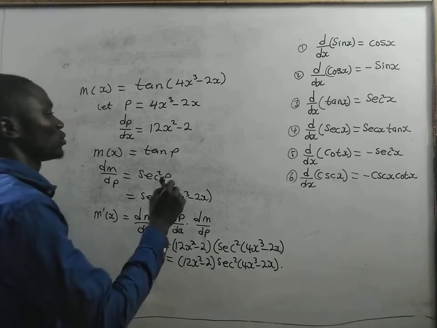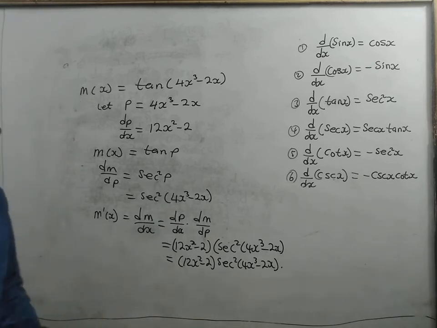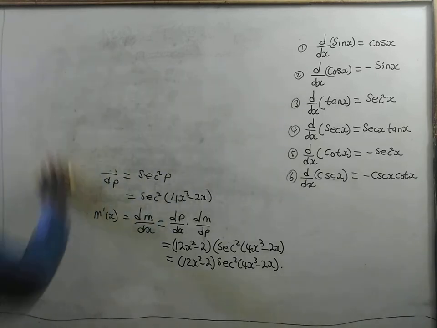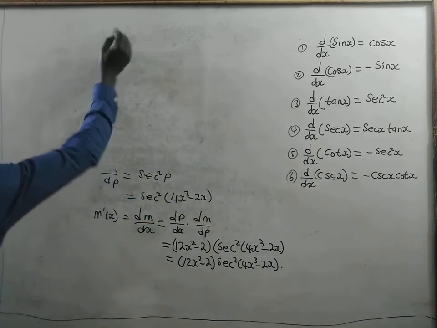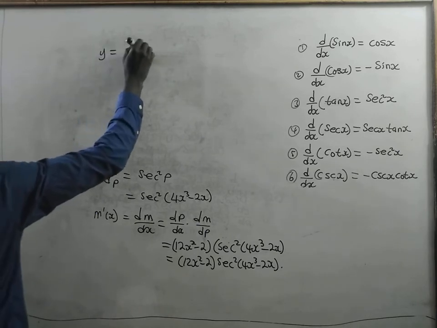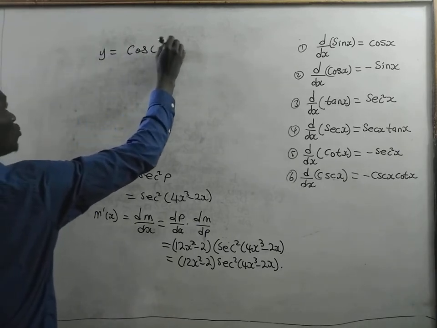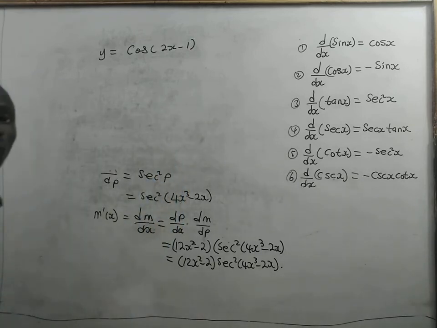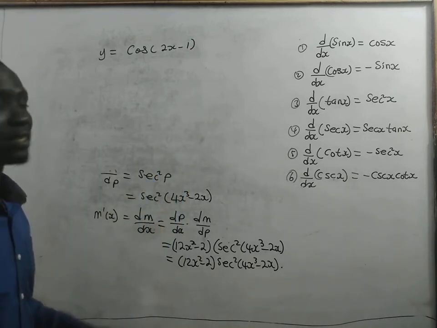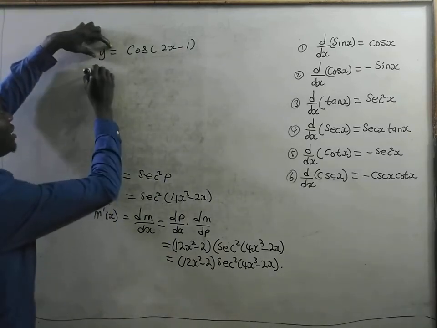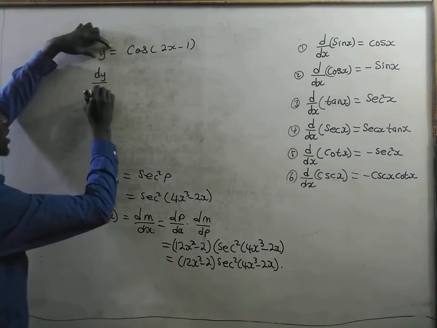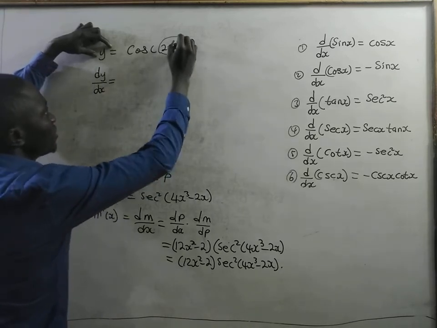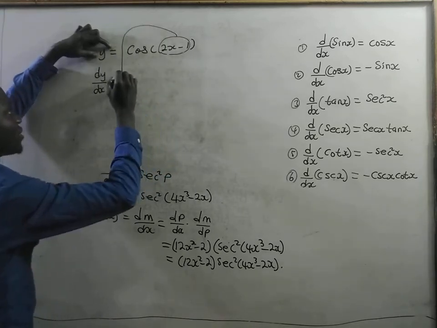The last example is cosine. So let's do one for cosine. This is very, very simple. So if I take y equal to cosine of 2x minus 1, I'm going to do it simply for you to be able to do it in section A. So the derivative of y with respect to x will be equal to: take the inner function and differentiate it.